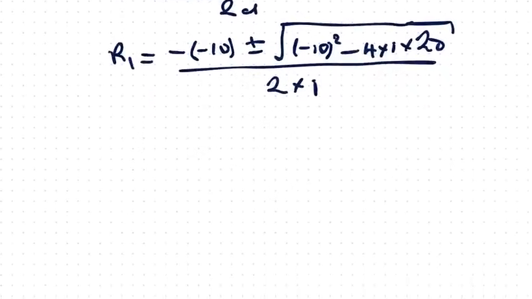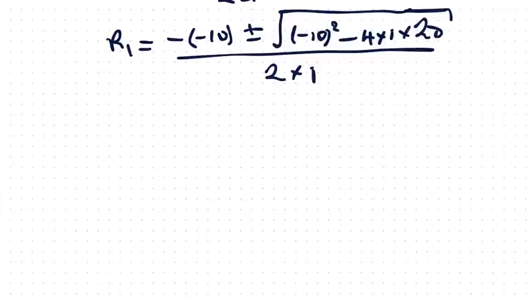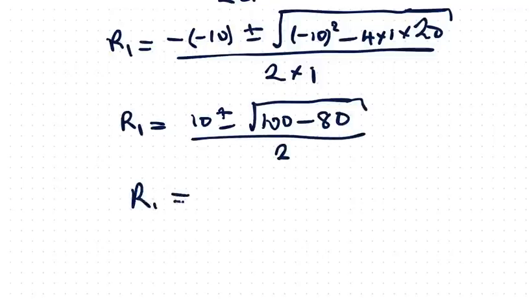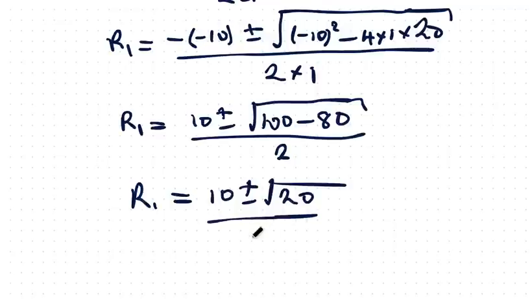And if we simplify further, then we have that R1 will be equal to 10 plus or minus the square root of 10 squared, which is 100, minus 80, divided by 2. If I simplify that as well, I'll be having the square root of 20 divided by 2.